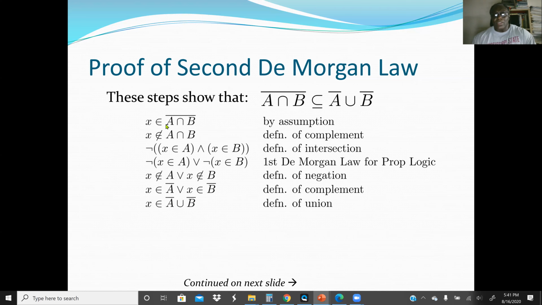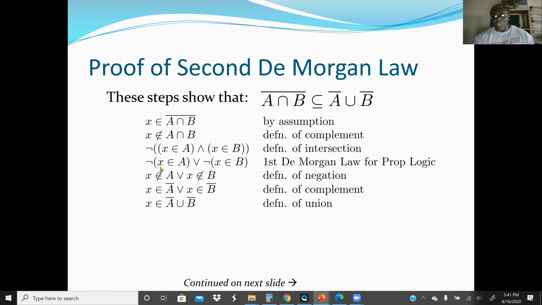Because if the element belongs to the complement of A intersect B, then the element doesn't belong to A intersect B. We can write this using negation: not (S belongs to A and S belongs to B).